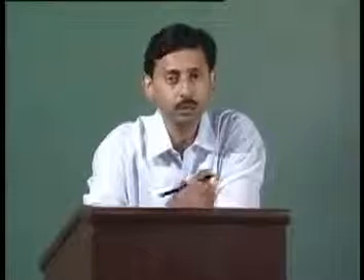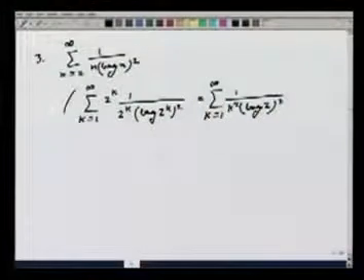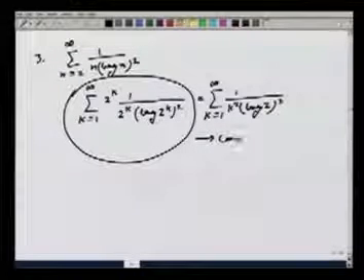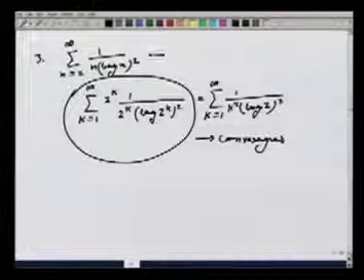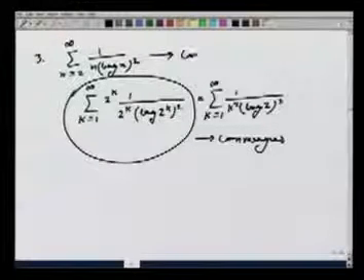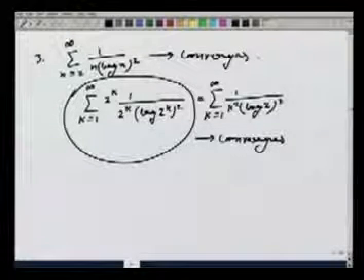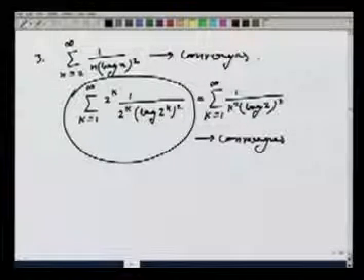Here the case is p equals 2. So this converges. That means this infinite series converges. By Cauchy's condensation test, that would mean that this converges. Okay. So using Cauchy's condensation test or comparison test, there are many series which we can prove that they converge.